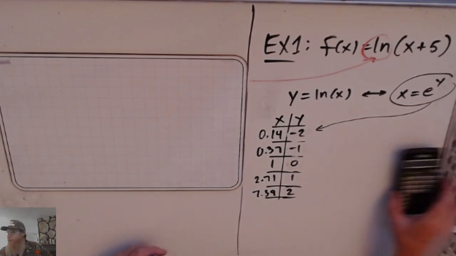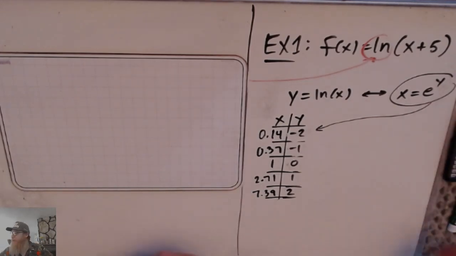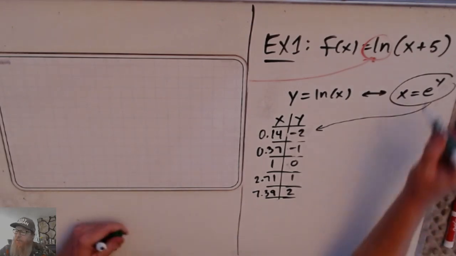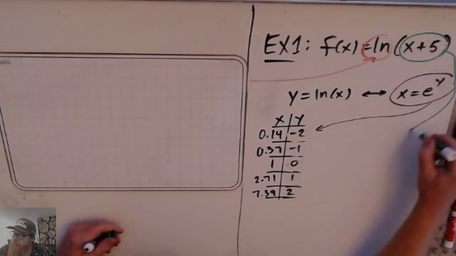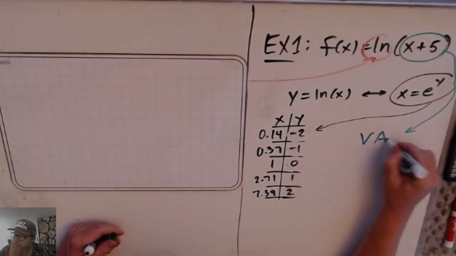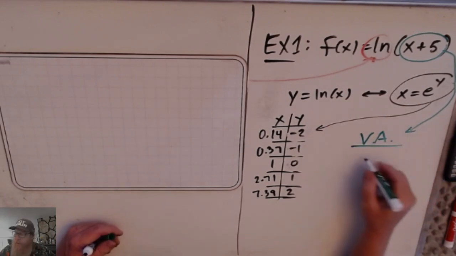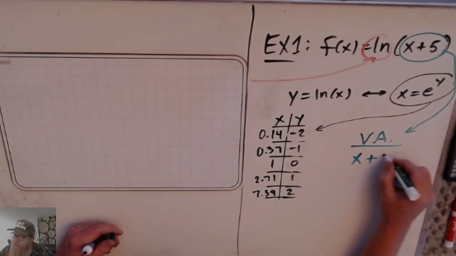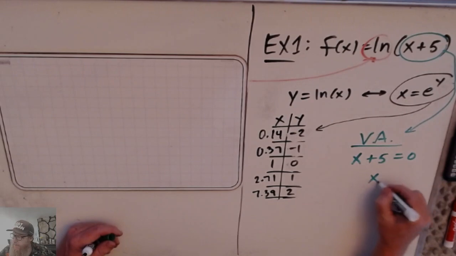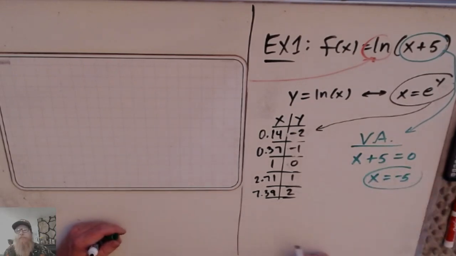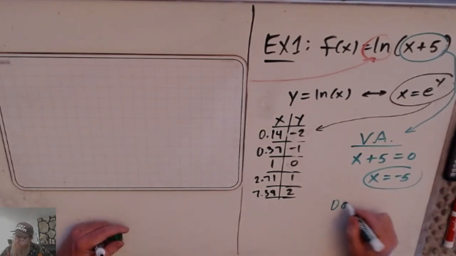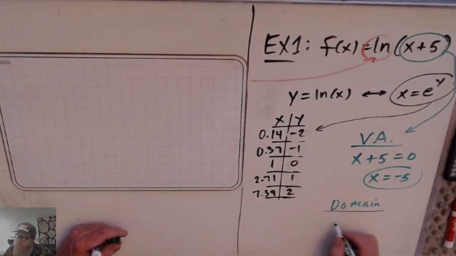Okay. We should also figure out the vertical asymptote. We definitely did this one in the last lecture. For the vertical asymptote, you set the argument equal to 0. Remember, for the domain, I'll just do a quick refresher.